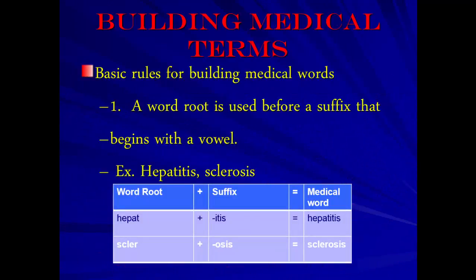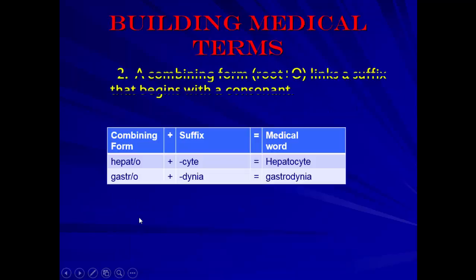When we build medical terms, your book talks about the basic rules for building medical words. A word root is used before a suffix that begins with a vowel. In the example, hepatitis and sclerosis. So we have a suffix that begins with a vowel here, and we put a word root in front of it here. A combining form, the root plus an O, links a suffix that begins with a consonant.